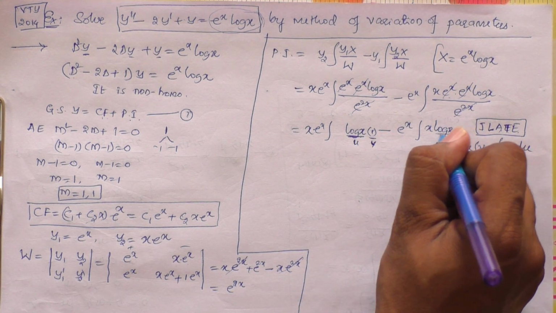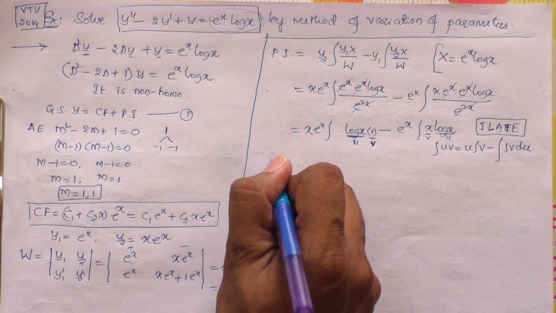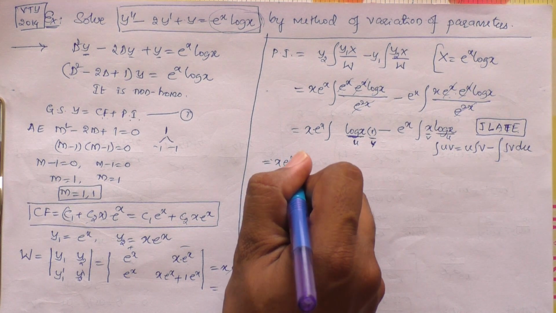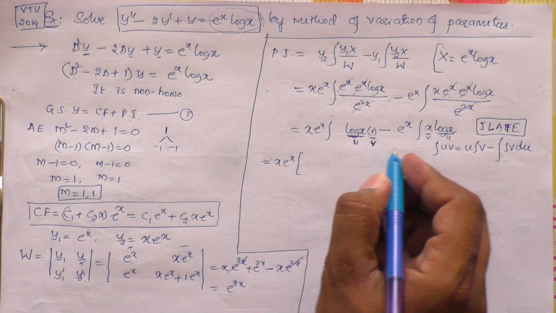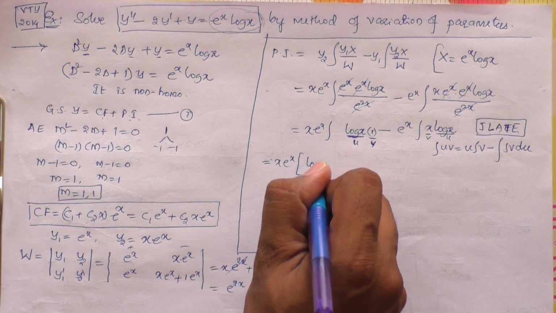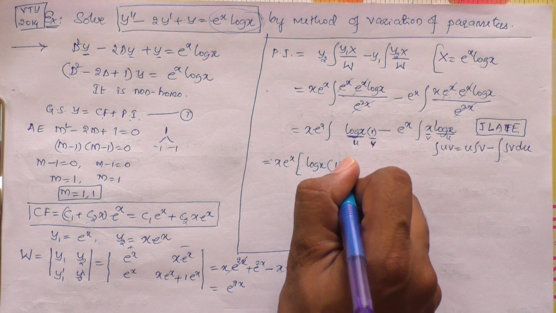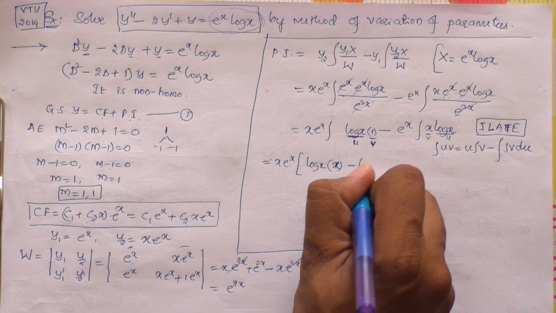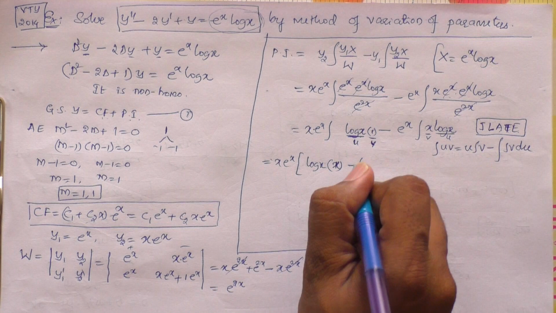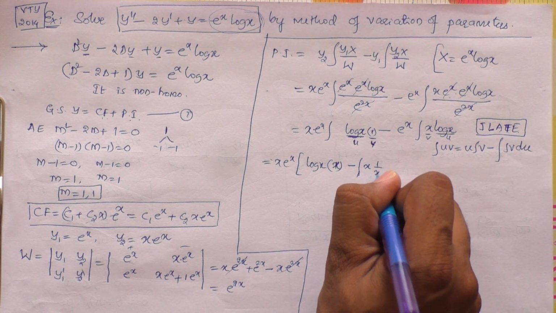Similarly for x log x, log x is u, and this one is v. So apply the product rule. Here x e raised to x, so integration of u into v is u, means log x, into integration of v, 1, integration of 1 is x, minus integration of v, integration of v is x, into differentiation of u, log x, differentiation is 1 by x.